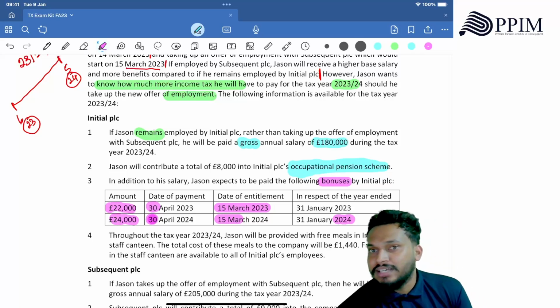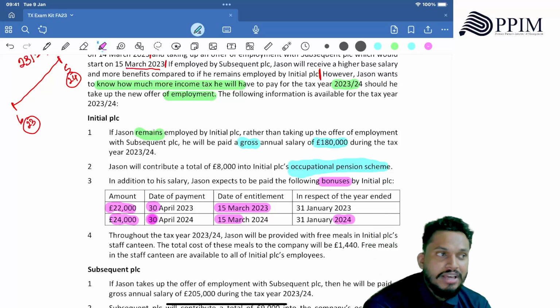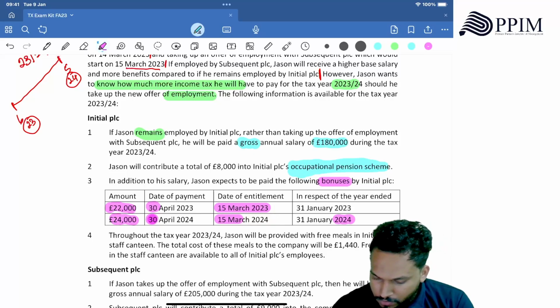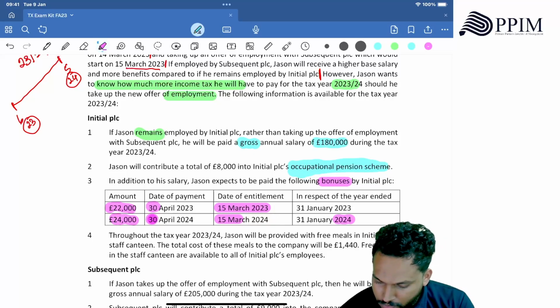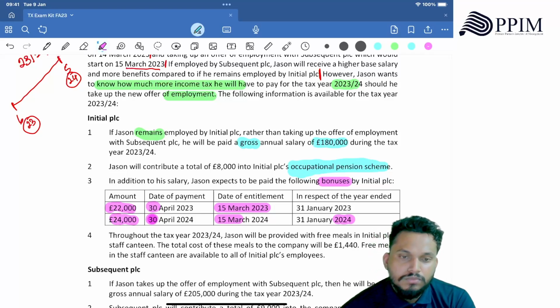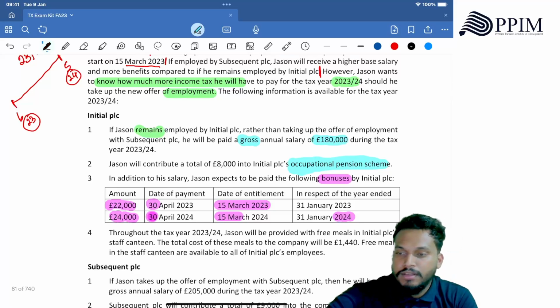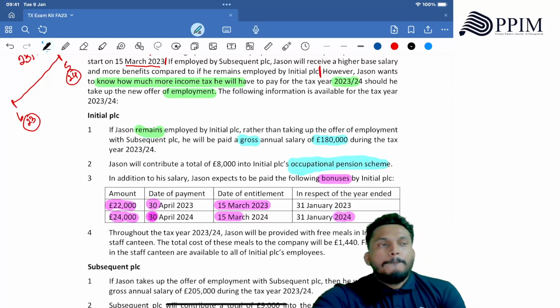So who can tell me what is the amount to decide here? 22,000. Anyone else? So 22,000 is because we take income tax on cash basis as it's mentioned, right? So we can't take 24,000, it is only paid on 30th of April 2024. So that's past the tax period.